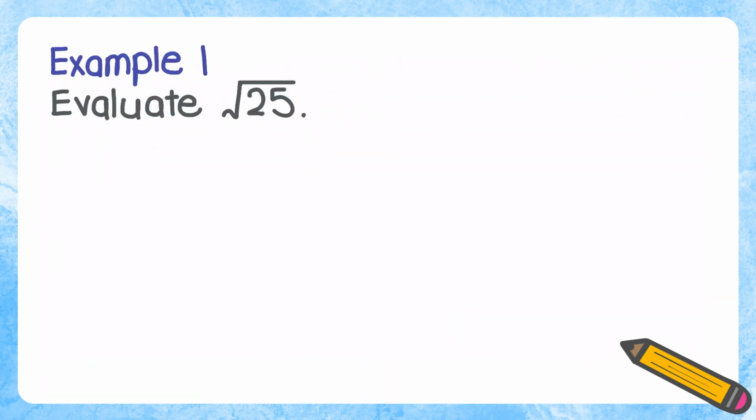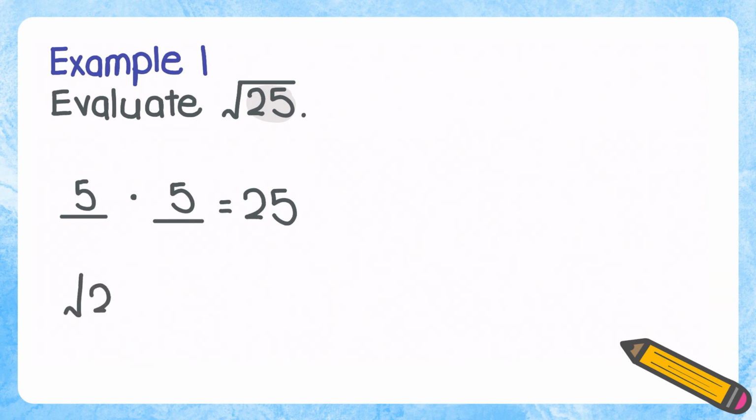For our first example here, let's evaluate the square root of 25. We focus on this number 25. What times itself would equal 25? It has to be the same number here. 5 would work because 5 times itself, 5, equals 25.